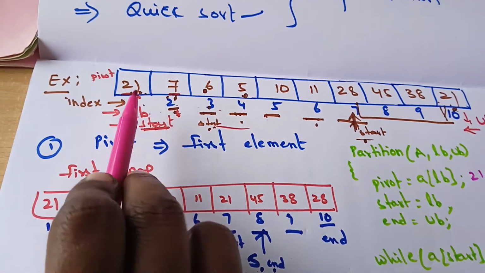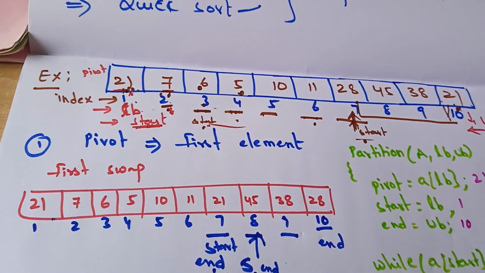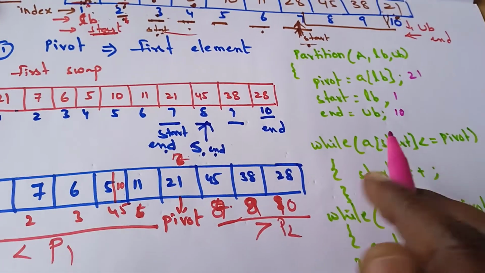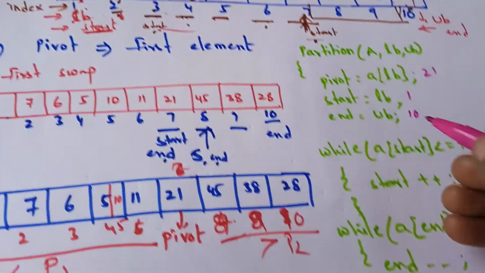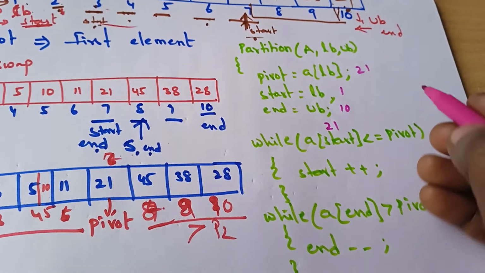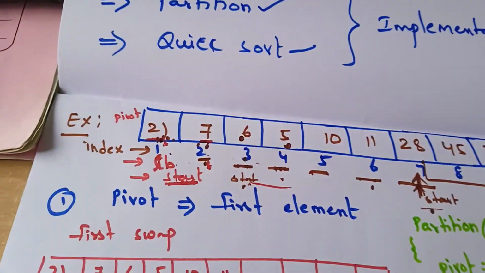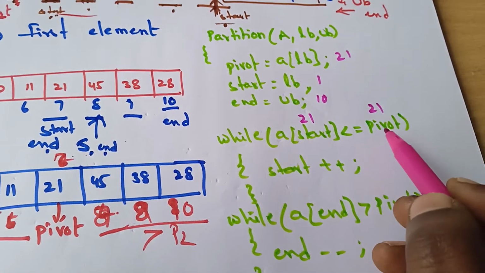Now from here I am starting, that is index 1. Upper bound is index 10. Now what I am doing, while A of start. What is A of start? 21. A of start is 21, less than or equal to the pivot, that is 21. Pivot is also 21, right?